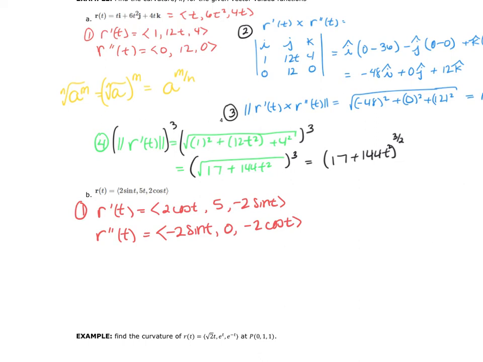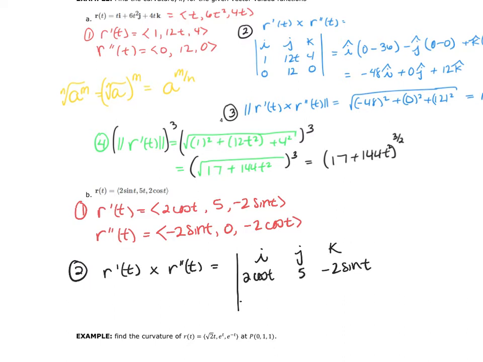Second thing I'm going to do is my cross product. So r prime of t crossed with r double prime of t. So this is going to be equal to i, j, and k; 2 cosine of t, 5, negative 2 sine of t; negative 2 sine of t, 0, and negative 2 cosine of t.